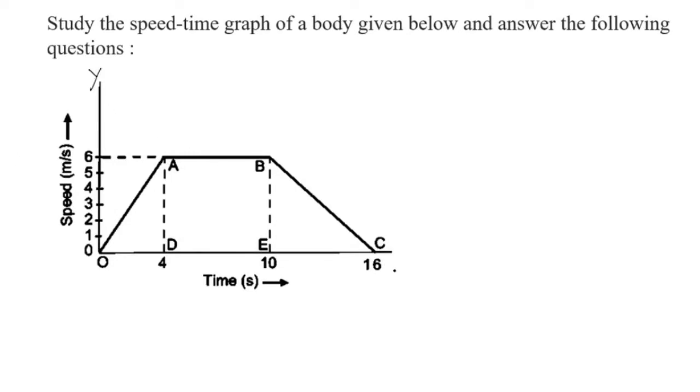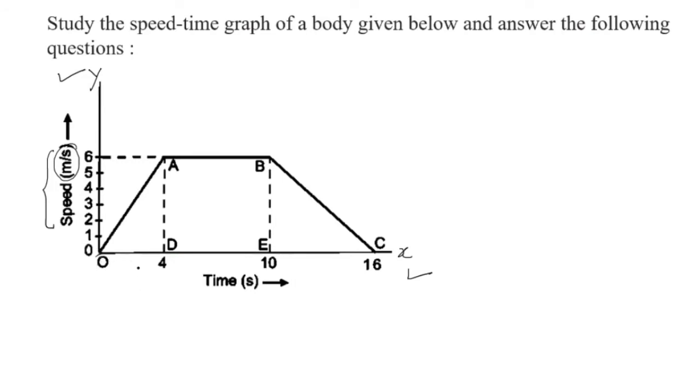The first thing you have to find out is which physical quantity is plotted on the y-axis as well as the x-axis. This is the first thing you have to notice in the graph. As you can see here, on the y-axis speed is plotted, which starts from 0 and then goes 1 meter per second, 2, 3, 4, 5 and 6 meter per second.